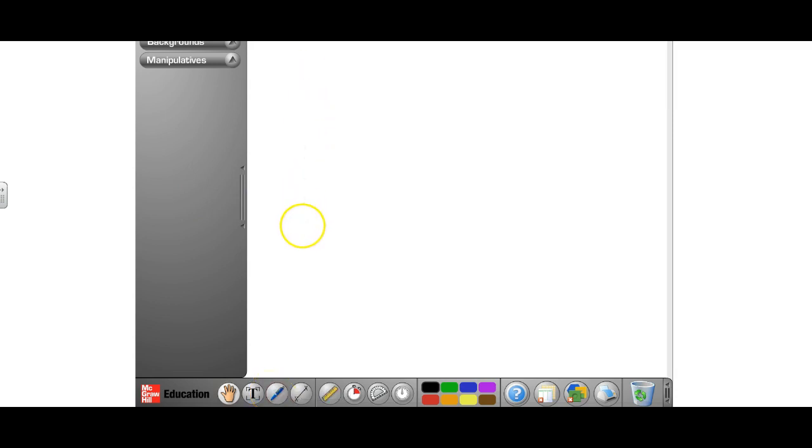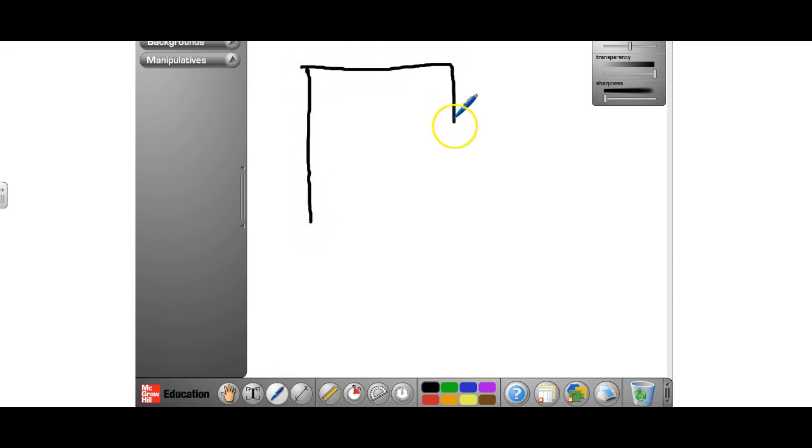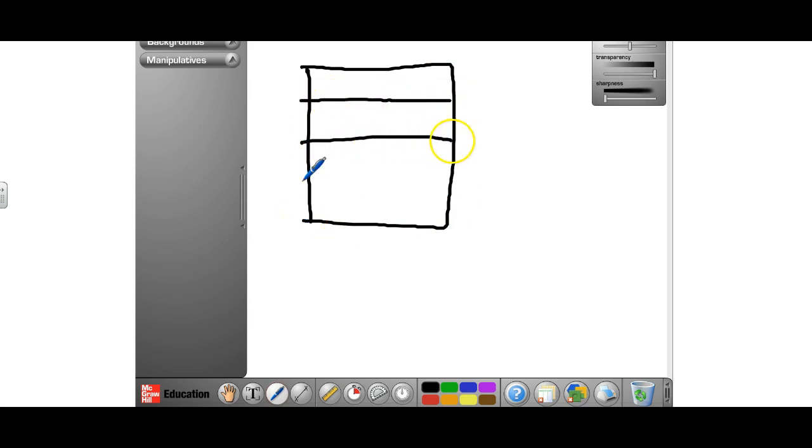So they had 4 rows. That was the first example. And then they said, how many in each row? 3.